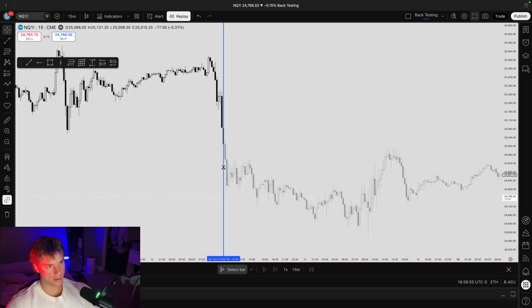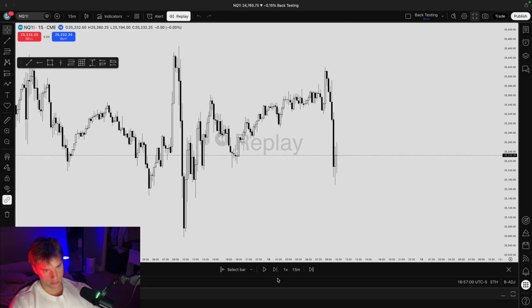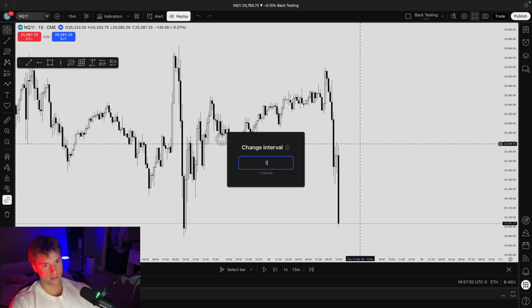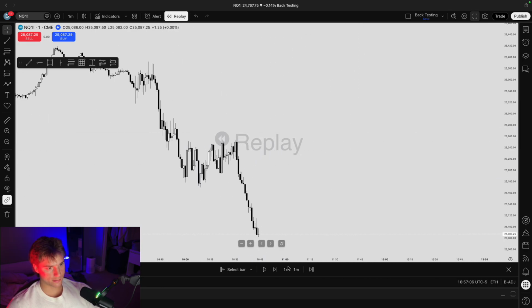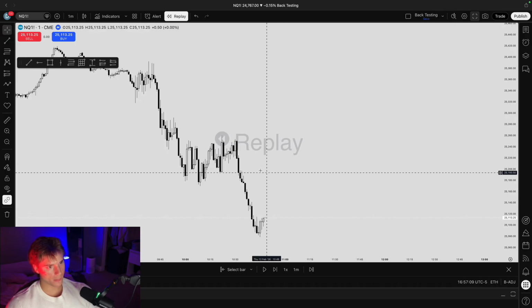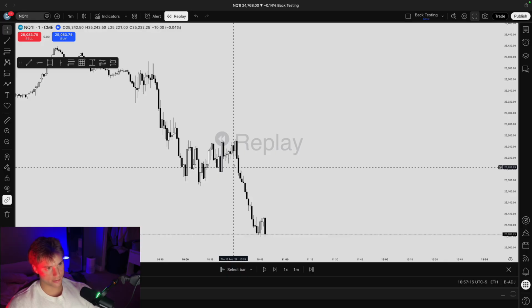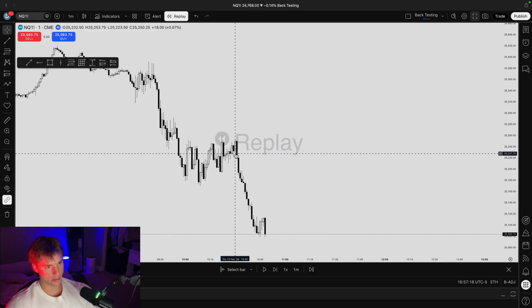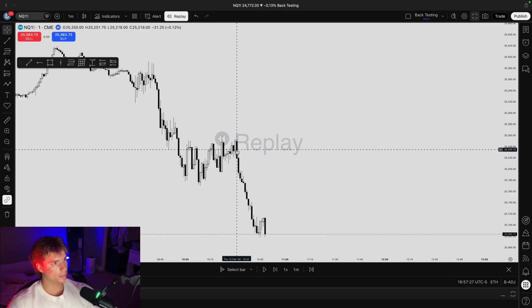Okay, so if we replay back to this candle, we'll let this candle play and go to the 1 minute. So that was a 15-minute candle. What we can see happened was, let's find the candle open. So price opened right here at 10:30. So this 15-minute candle is going to be from 10:30 to 10:45. Price opened here.